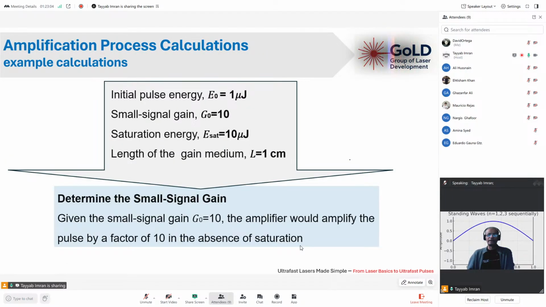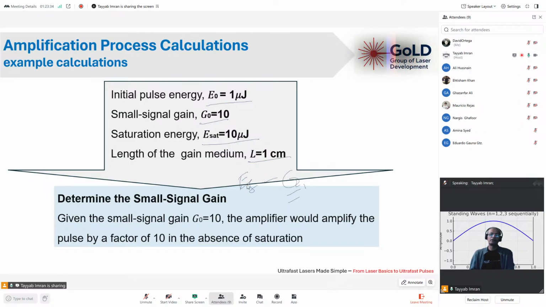Now if we have an example, we know these things: the initial pulse energy here, the small signal gain is 10, E saturation is 10 microjoule, and the length of the gain medium is 1 centimeter. We are supposed to calculate E final and the gain, I think.